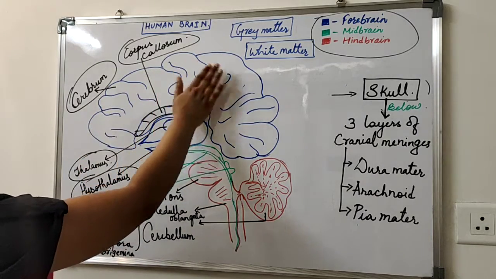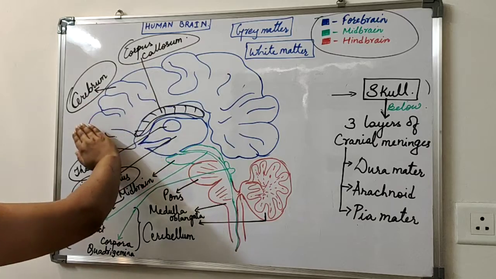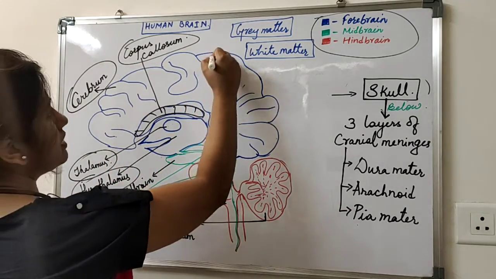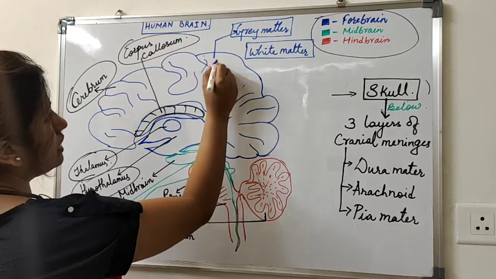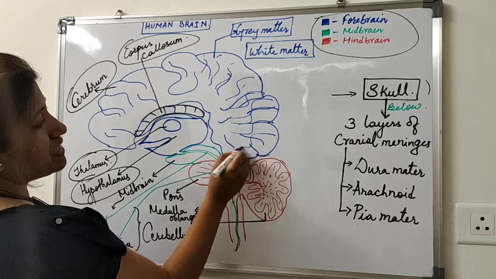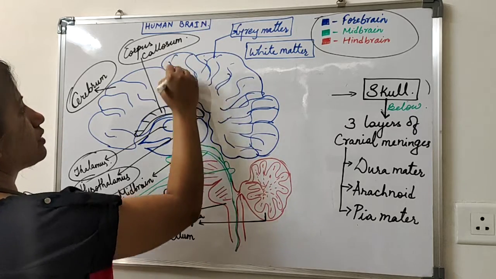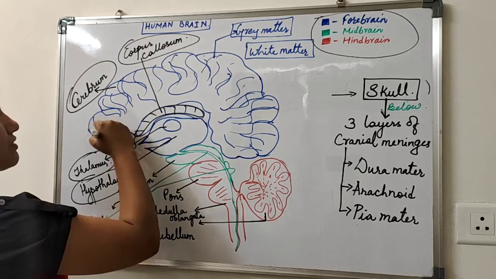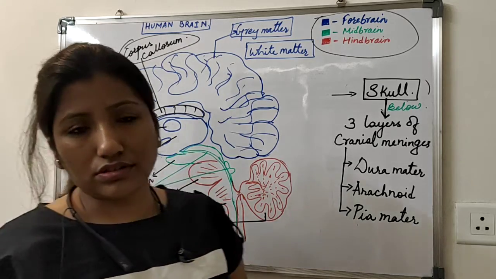Next, this cerebrum part appears to be grey in color. That is why I have labeled it here as grey matter. The upper part of the brain, the visible part, appears to be grey in color due to the high concentration of neurons.